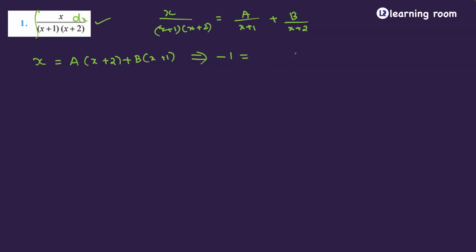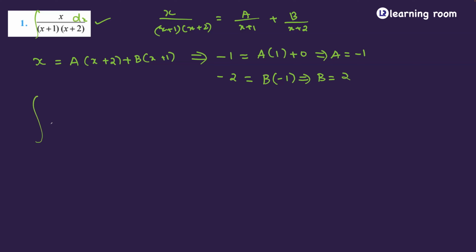So minus 1 is equal to a into 1 plus 0, which implies a is equal to minus 1. When you want to find the value of b, you will substitute minus 2. So minus 2 is equal to b into minus 1, which implies b is equal to 2. So a is equal to minus 1 and b is equal to 2.